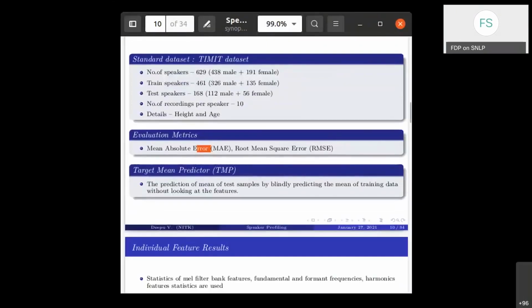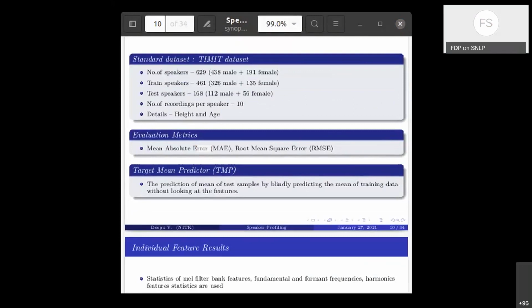Sir, can we do speaker diarization for Indian languages? We should be able to do speaker diarization for Indian languages, but I'm afraid we don't have enough data for it.